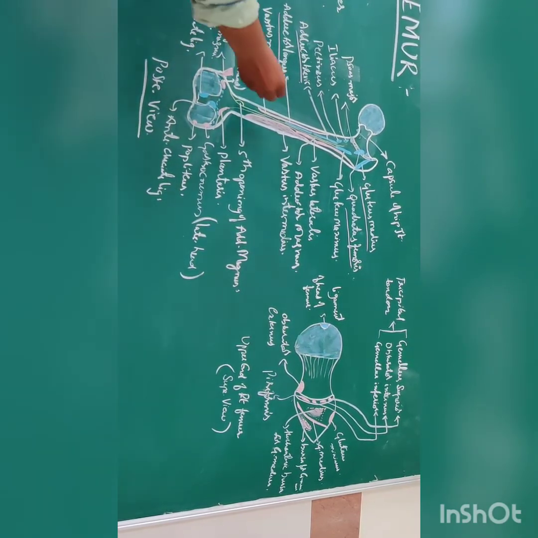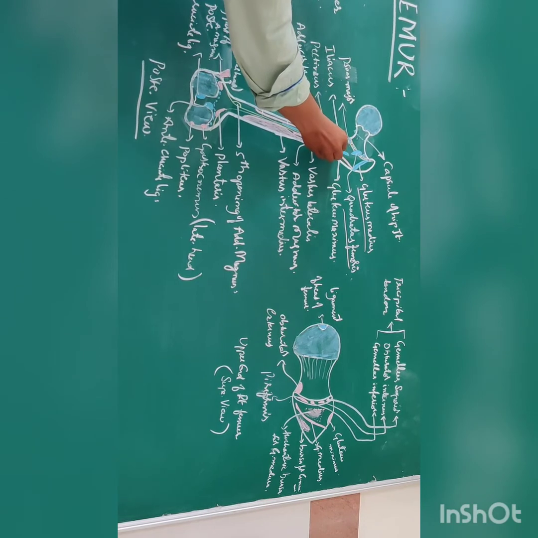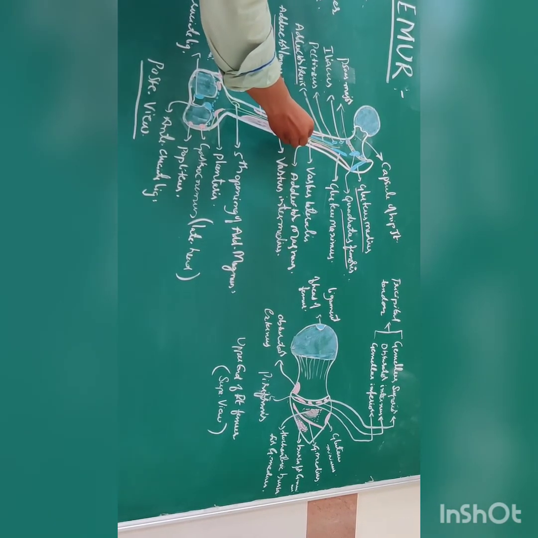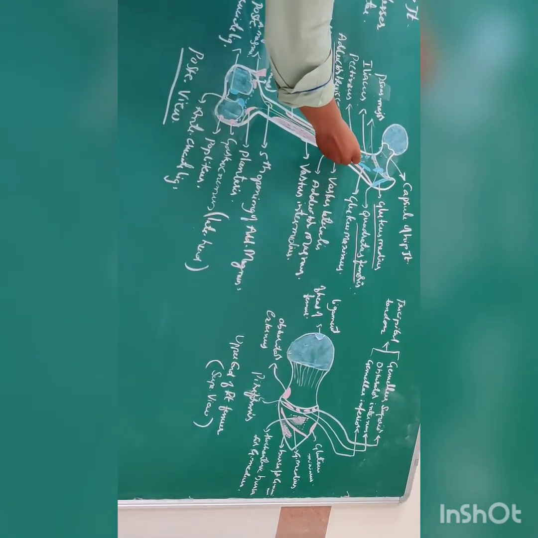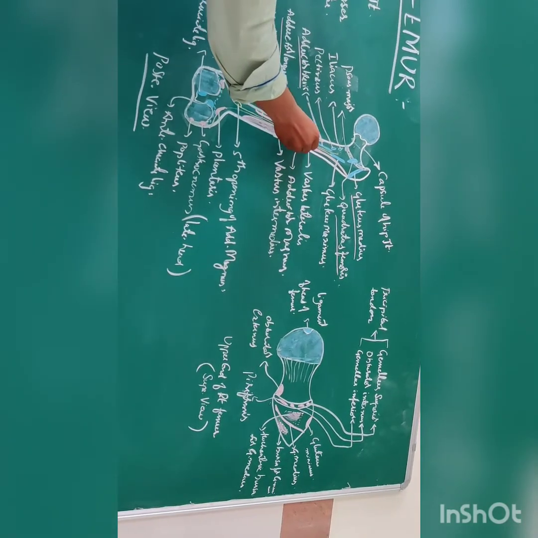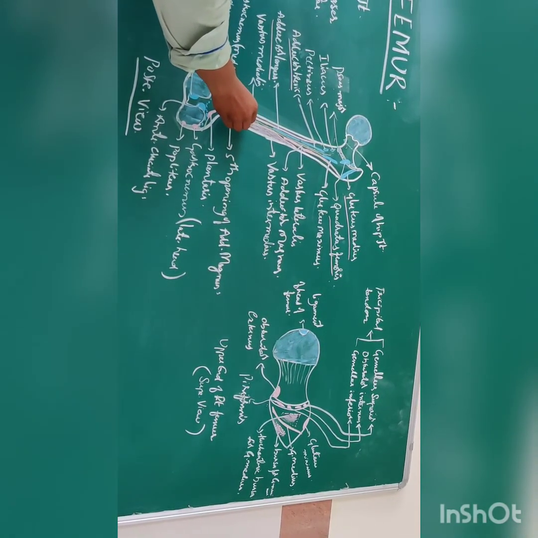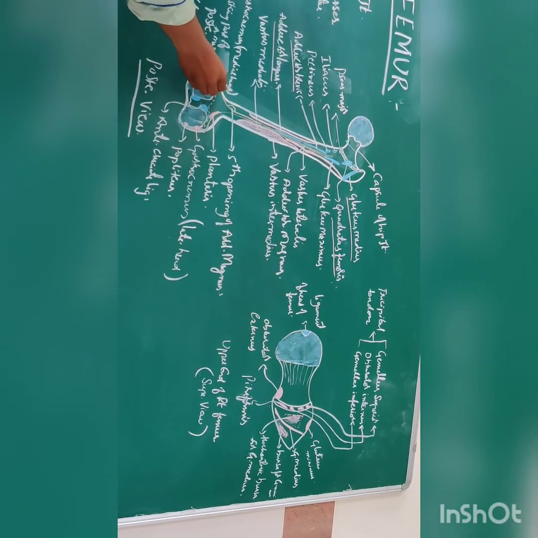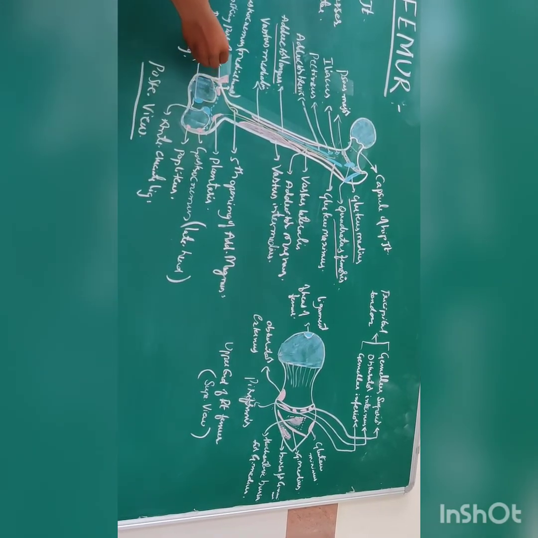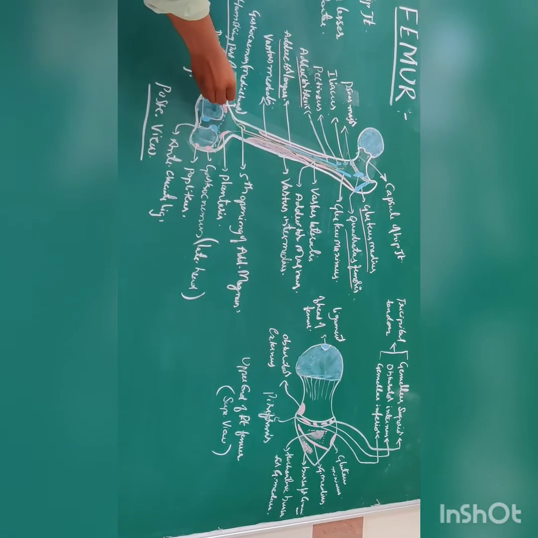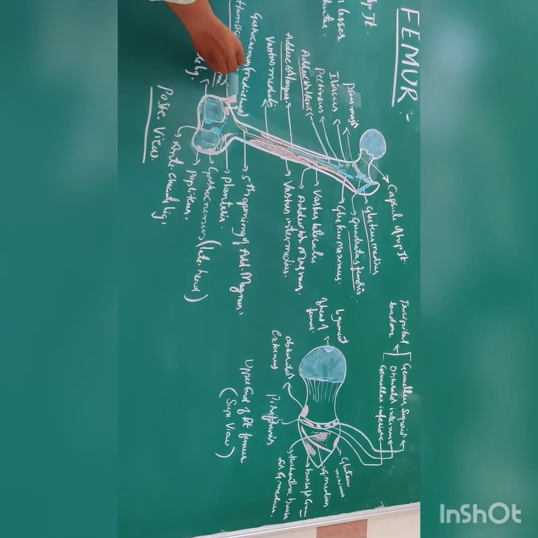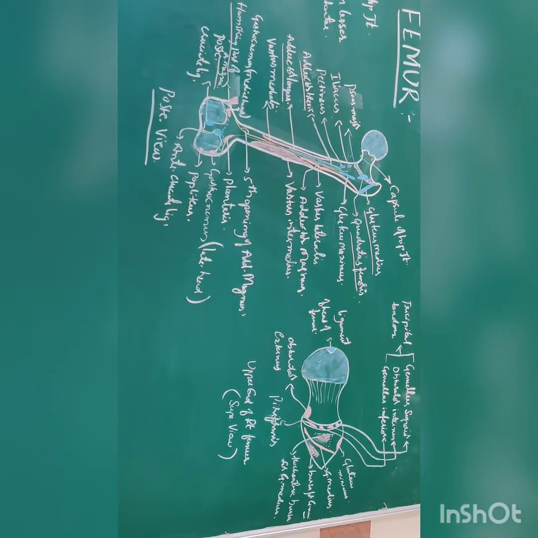Then in the middle you see this yellow color line. This is actually the adductor magnus muscle. So this is the adductor part of the adductor magnus, which is attached to the linea aspera, and eventually it is inserted at the adductor tubercle. That part of the muscle is known as the hamstring part of the adductor magnus.